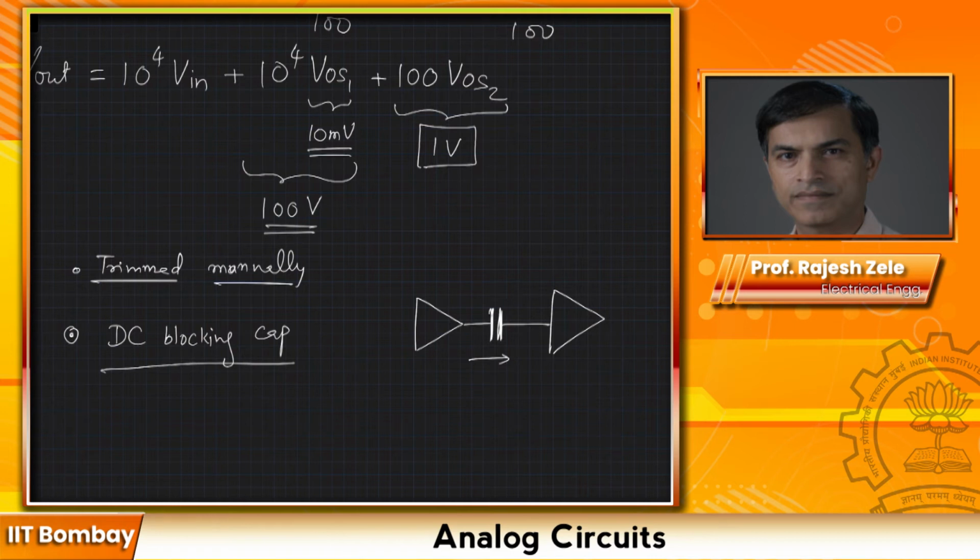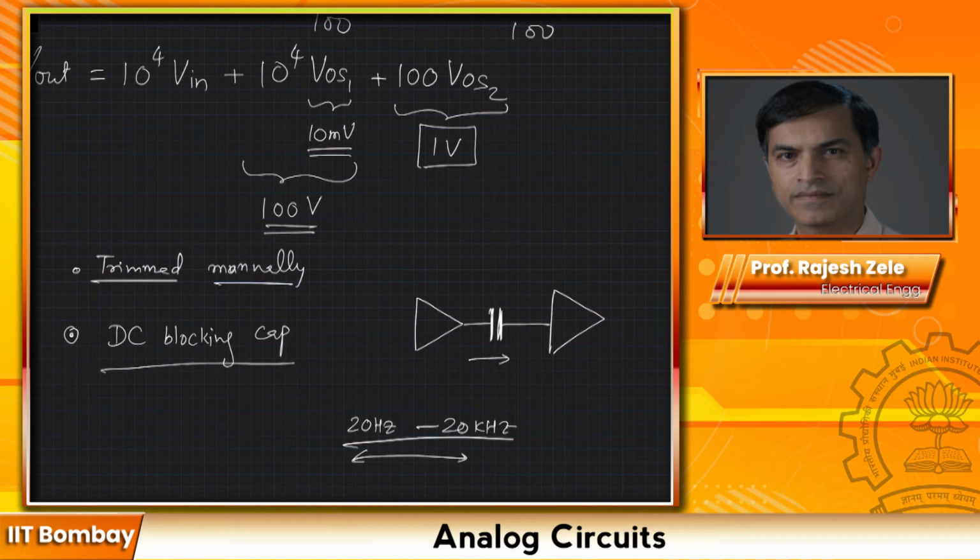So let's say you're talking about a voice signal, which is from 20 hertz to 20 kilohertz. Then you can use the capacitor as a block.